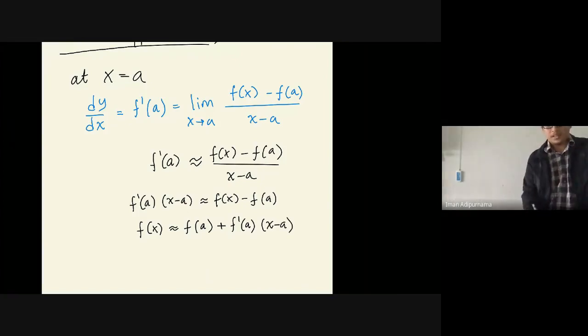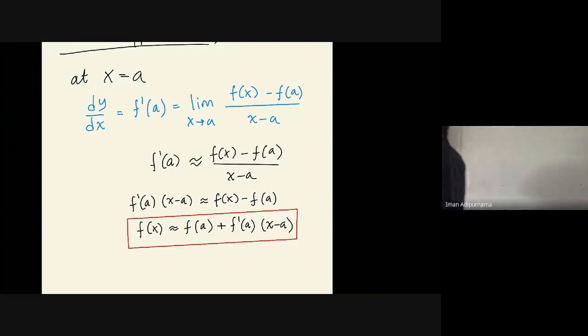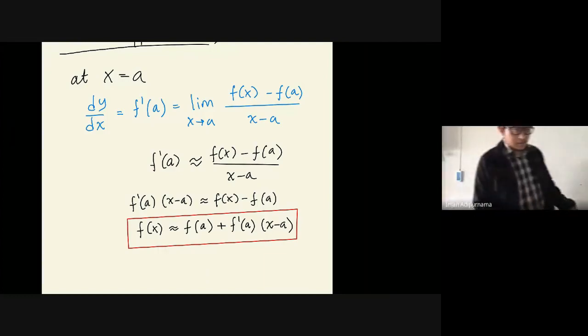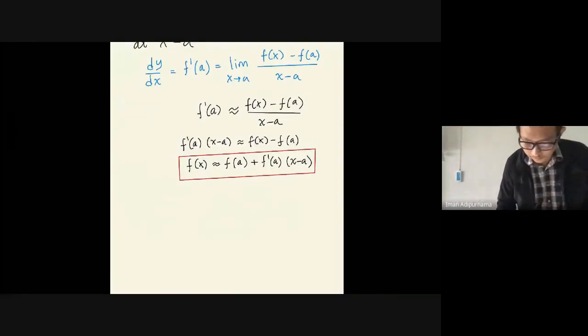It seems I get the linear terms for the whole f prime. So I get this expression. But how can we really use this approximation? Let me draw you some graphs. And what does it really mean?